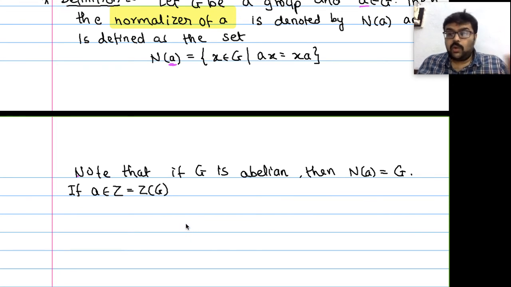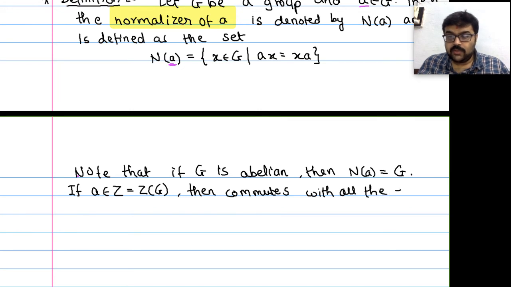A commutes with all elements of G. A commutes with all, by definition. So in this case also, if A commutes with all the elements, AX equals XA. So બધા X આમાં આવશે. So every X is there in NA.